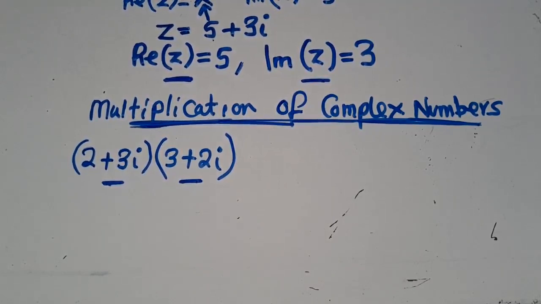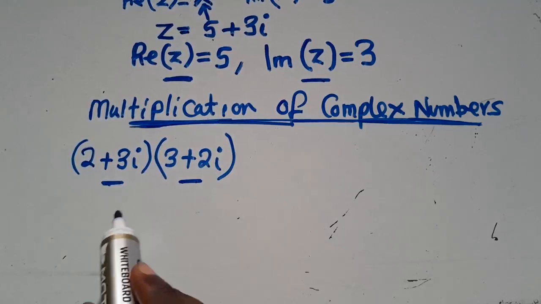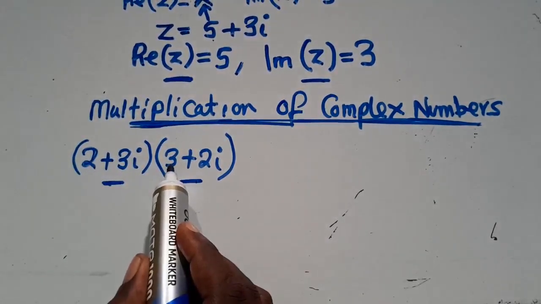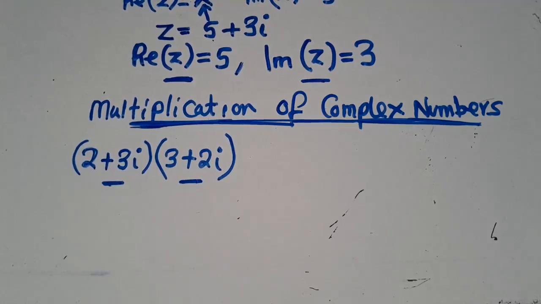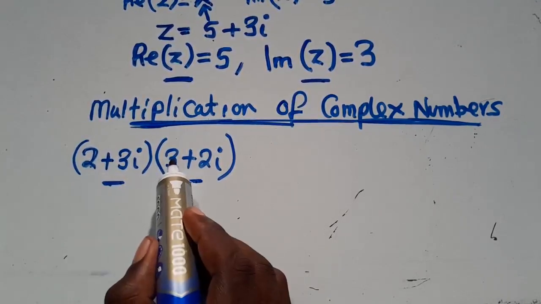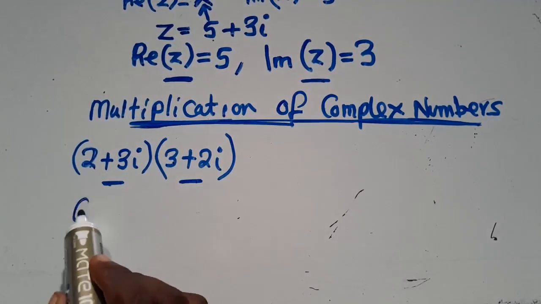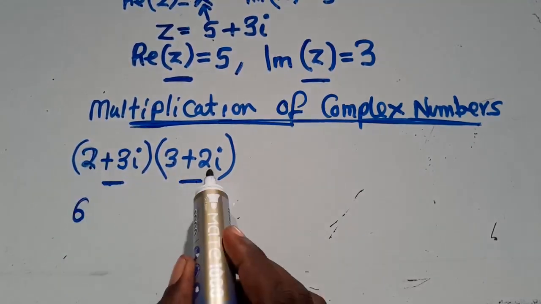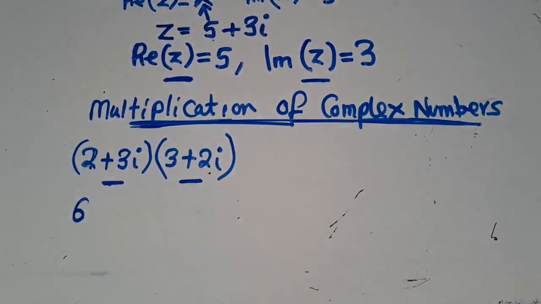The way we are going to multiply these 2 is this: you get this one, multiply it with that one. So you get the real part and the imaginary part. 2 times 3 is 6. If you multiply this one with the other one, you get an imaginary part, not a real part.